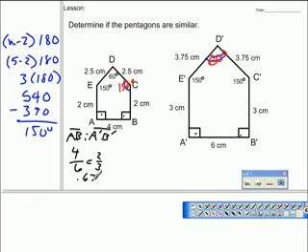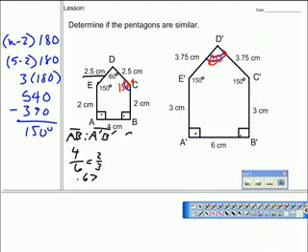Now, I'm going to stick with decimals on this one because look at this up here. That's a decimal there, which means I'm not going to be able to get a fraction out of it. It's going to end up being a decimal. All right, let's go up. Now look at ED and E prime D prime, and then DC and D prime C prime. They're the same, right? I have 2.5 and 3.75 for both the ratios. So I only have to do one of them.